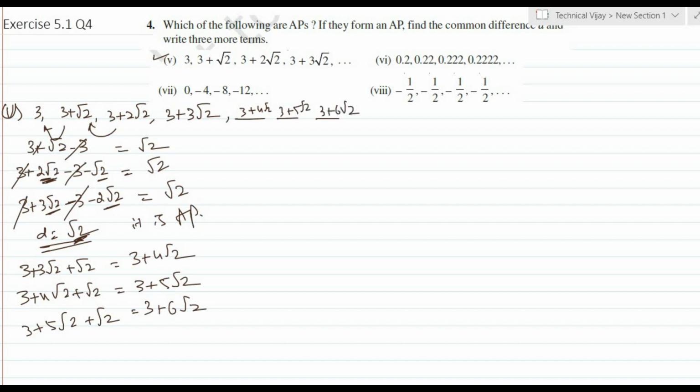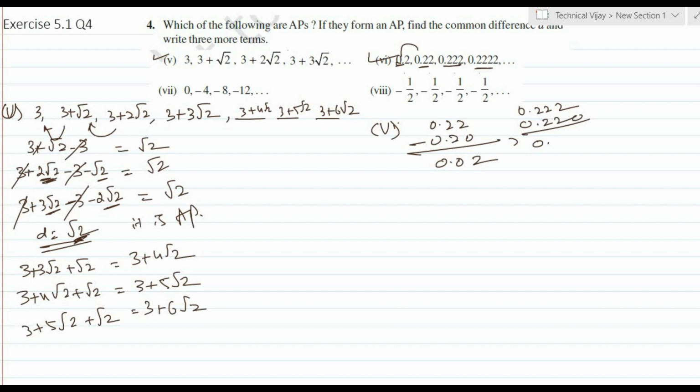Okay. So now we'll go for the sixth portion. Here 0.2, 0.22, 0.222, 0.2222. So here we subtract 0.22 minus 0.2, which is 0.02. And next, 0.222 minus 0.22, which is 0.002.